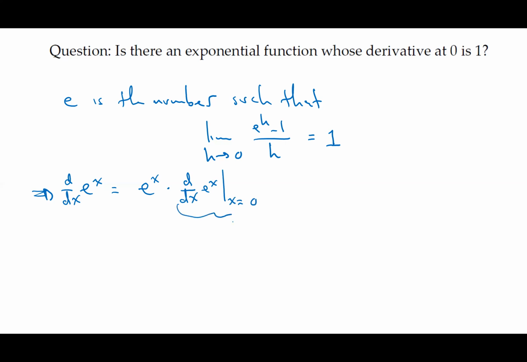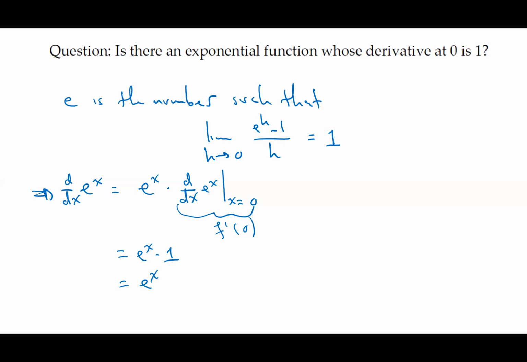This is that f prime of 0 term. This is e to the x times 1, which is e to the x. So there is a function whose derivative is itself, and that function is e to the x. In other words, at any point on the graph of e to the x, the slope of the tangent is just whatever y value you're at.